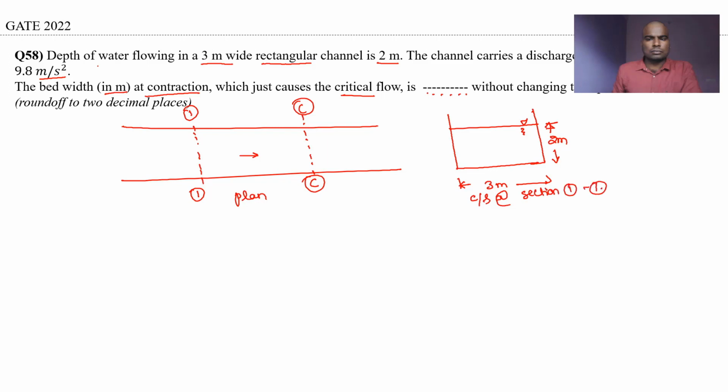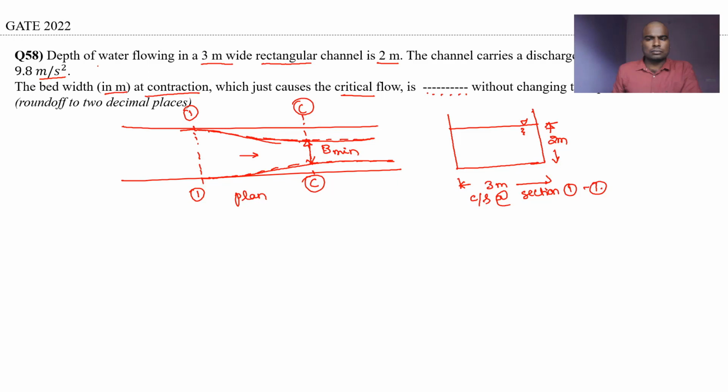Now what they have done is that they wanted to reduce the bed width. Let's say this is B minimum.